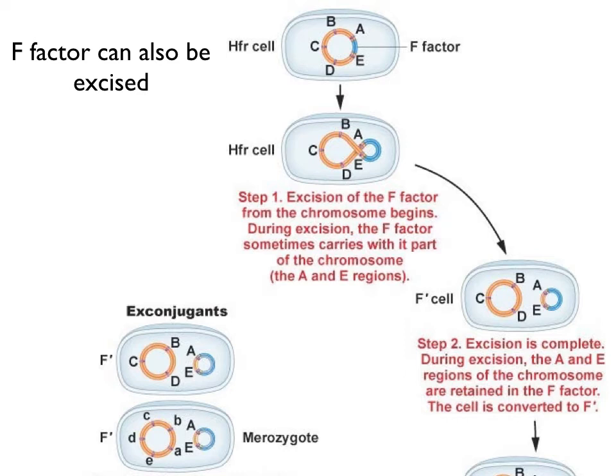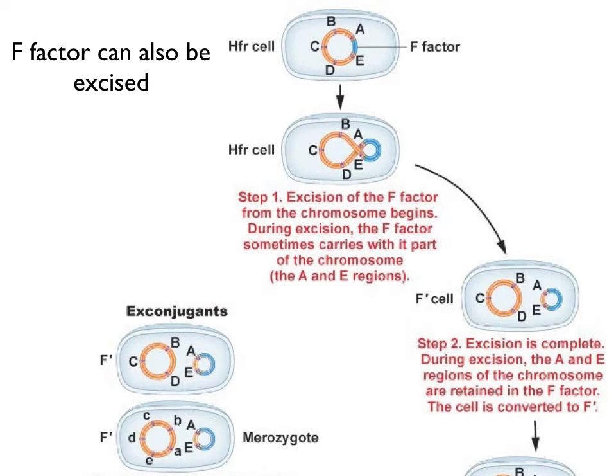Now, this F factor that has been incorporated into the bacterial chromosome in an HFR cell, the bacterium can recognize this and cut it out, excise it. And you can see it in this second cell from the top that the bacterial chromosome's kind of been twisted into an infinity symbol, and this is in an attempt to cut out the F factor.